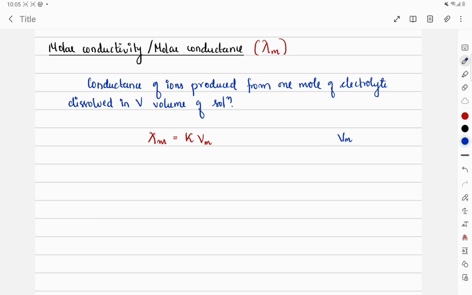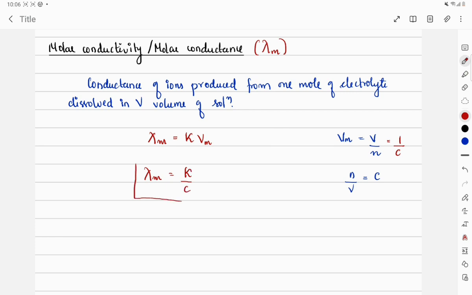Molar volume means volume per mole, that is V divided by N. But we also know that number of moles per volume is called concentration C. Since N by V is C, V by N is the reciprocal of C, that is 1 by C. So instead of Vm, I can write 1 by C. So lambda m equals kappa into 1 by C, or kappa divided by C, the concentration.